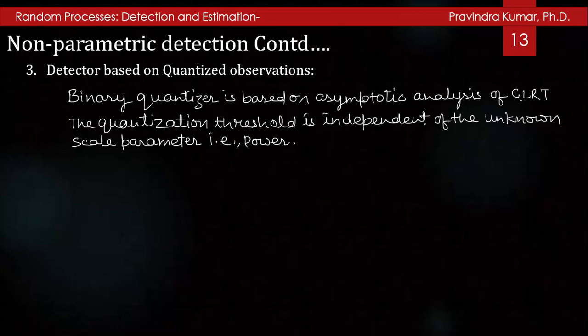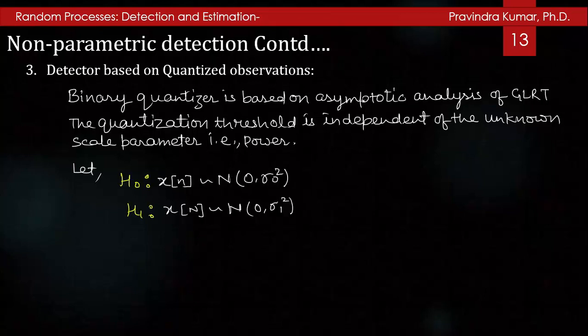At the detector, we can use GLRT to perform the decision. The binary quantizer is based on asymptotic analysis of the generalized likelihood ratio test, so the quantization threshold is independent of the unknown scalar parameter, that is, the power.